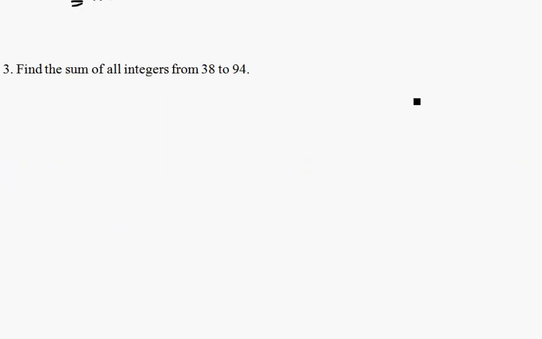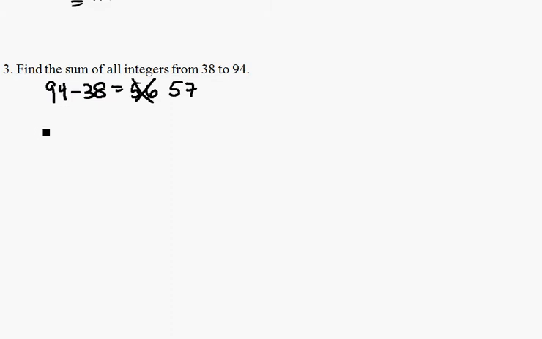My apologies. We want to find the sum of the integers from 38 to 94. You would think that the number of terms from 38 to 94, so 94 minus 38, I believe that's 56. Yep, let's just check that. It's 56. You would think that there would be 56 terms. Ironically, there's not. There's 57 terms. And let's look at why that is.